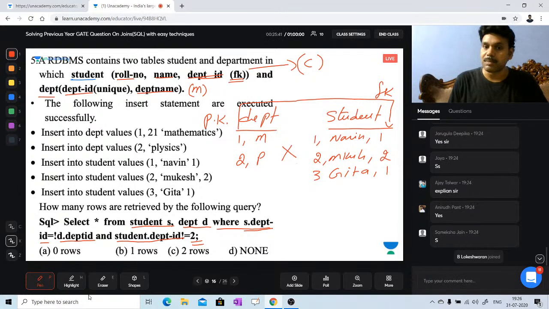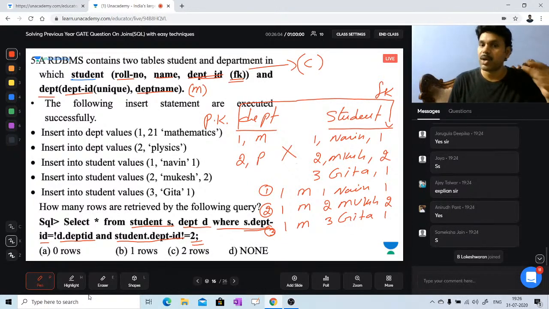So what are the 6 tuples? Let me write: 1 maths, 1 Naveen, with 1, a 1 mapping. This is the first row. The second row is 1 maths, 2 Mukesh with 2. And the third row, once again, 1 maths, 3 Geeta with 1.